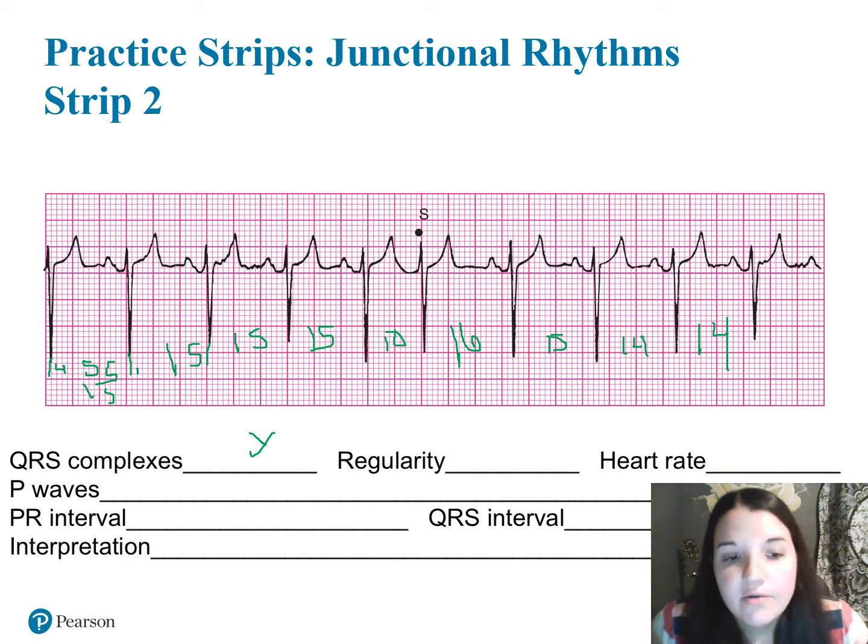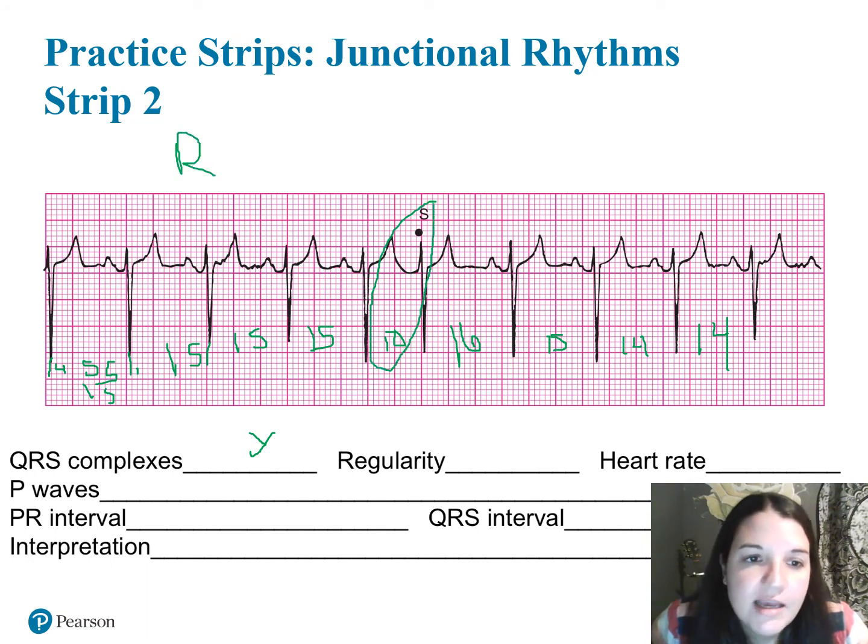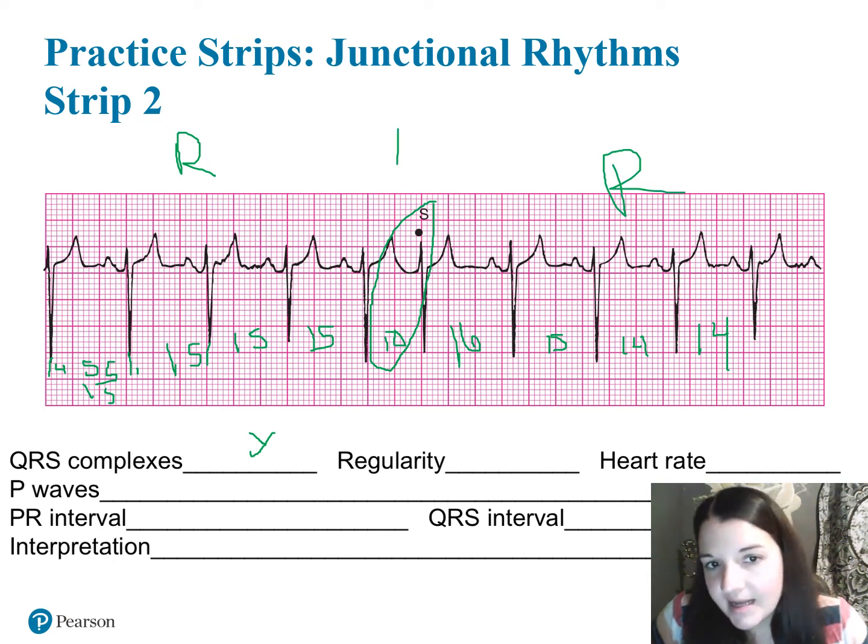Okay, so before this little problem right here where I got 10, I was regular, and after it, I was regular. But I was interrupted by a premature beat. What part of my junctional rhythms is going to be a premature beat? A PJC.